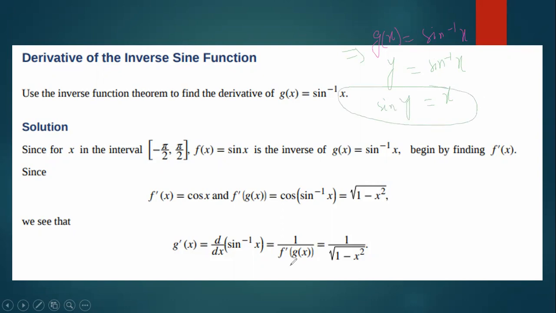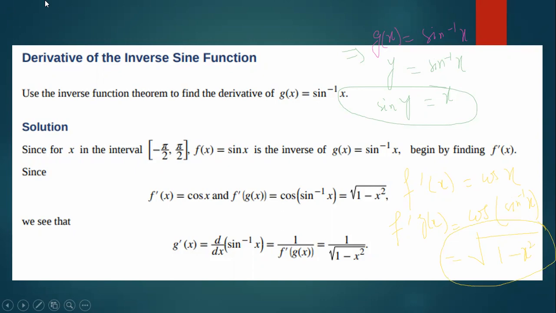Okay. Now take the derivative. So it will be derivative of sine equals cos. Then the derivative of g of x will be cos of sine inverse x. So cos of sine inverse x will be square root of 1 minus x square.